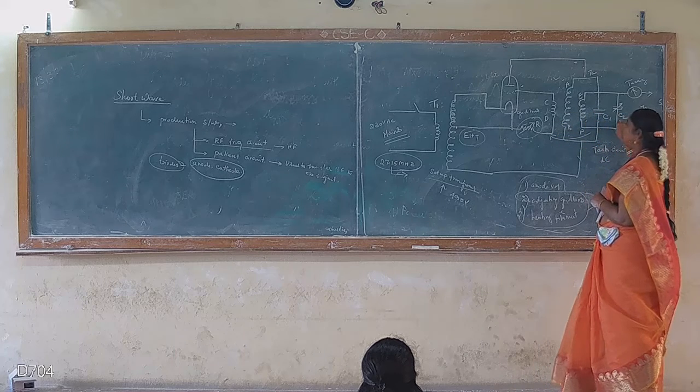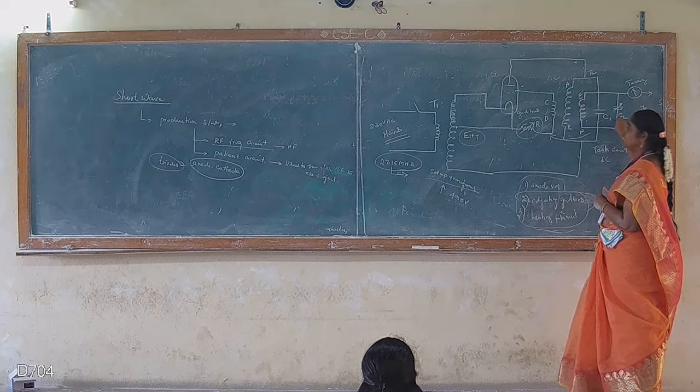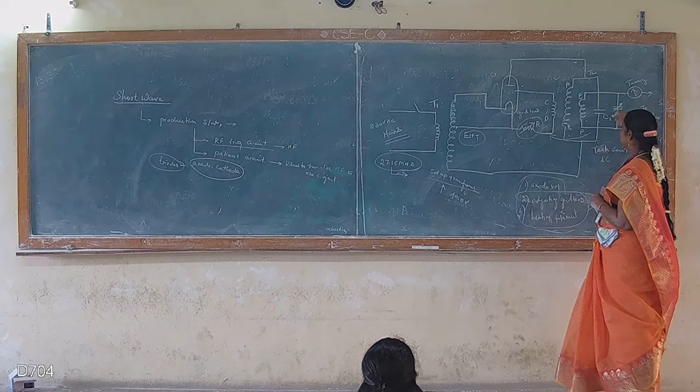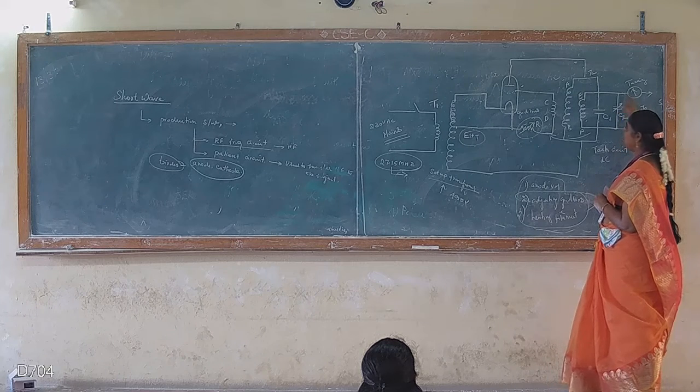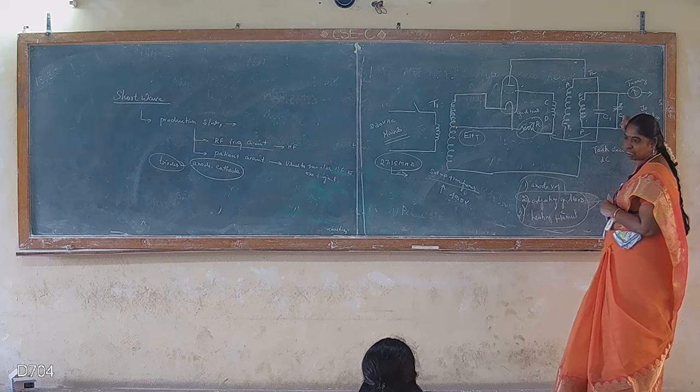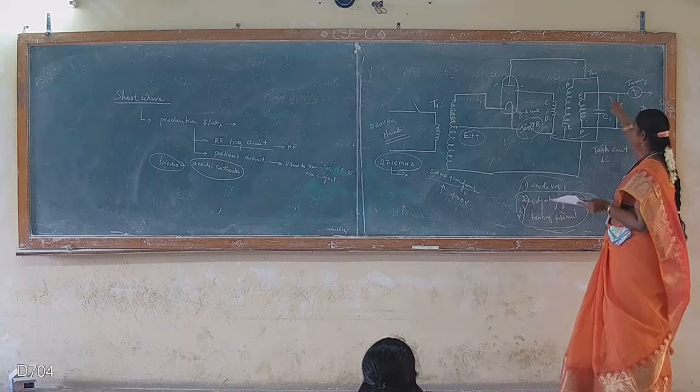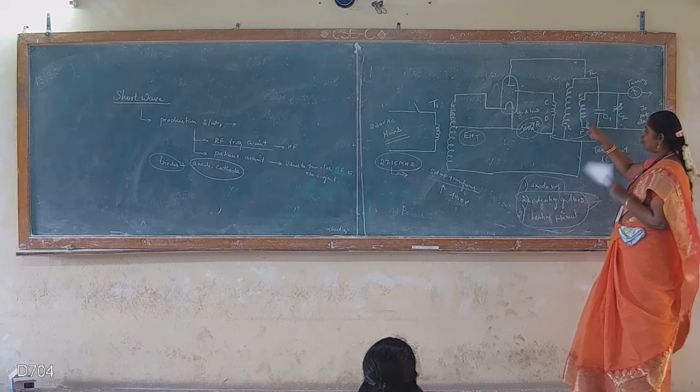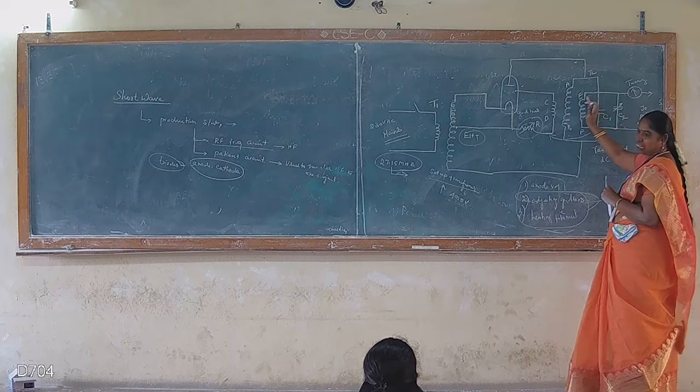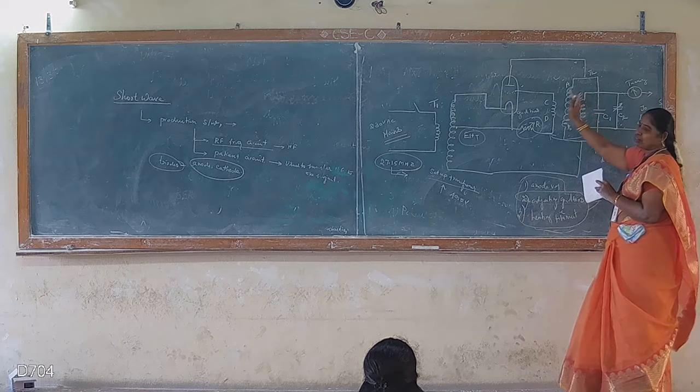By adjusting the capacitor, the voltage across the capacitor can be varied, because it is driven from this end.